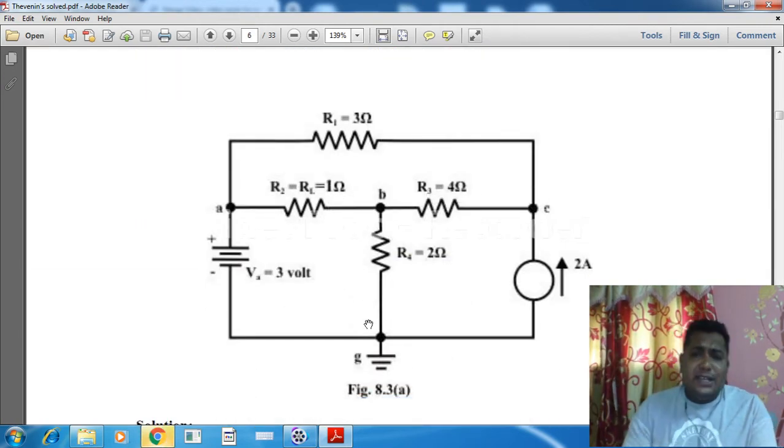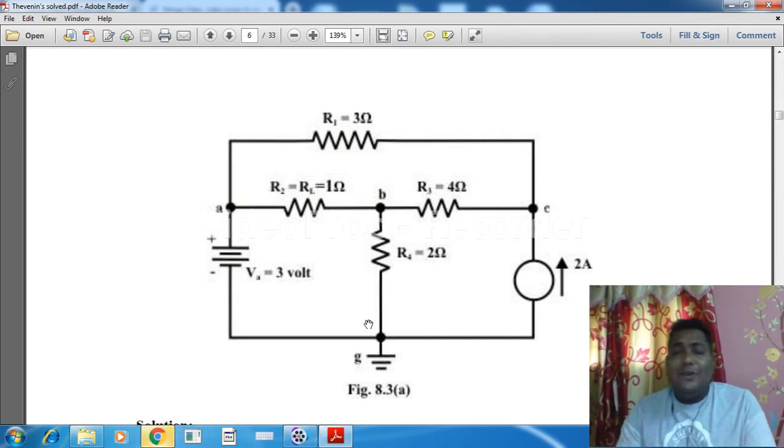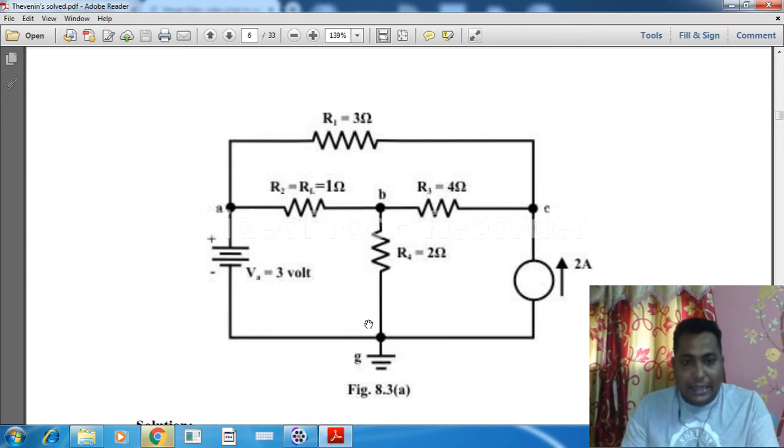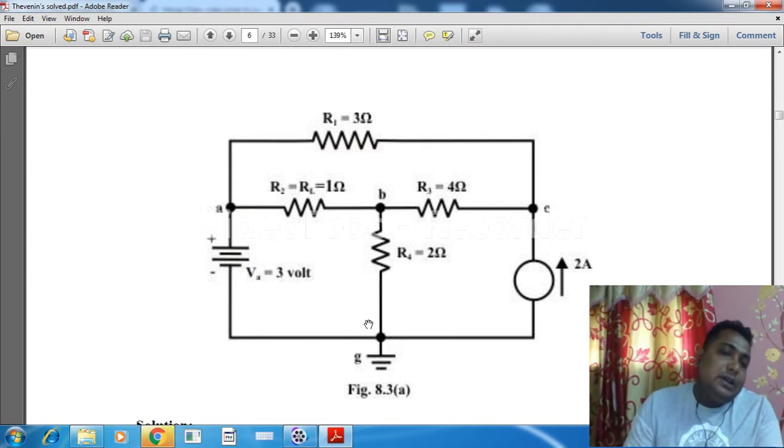Here there are two sources: a voltage source and a current source, and four resistors, R1, R2, R3, and R4, as you can see in the diagram. Here R2 is the RL. That means through that particular R2 or RL, we have to find the current.